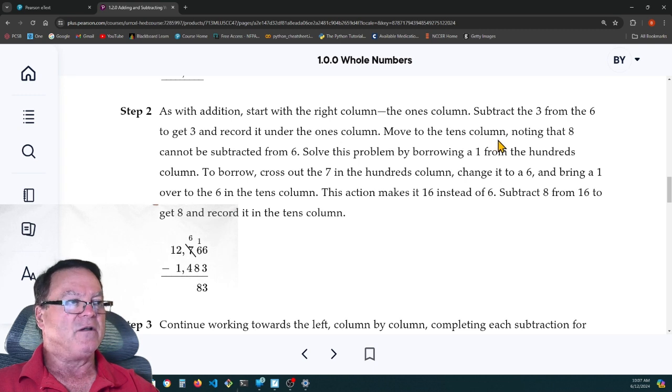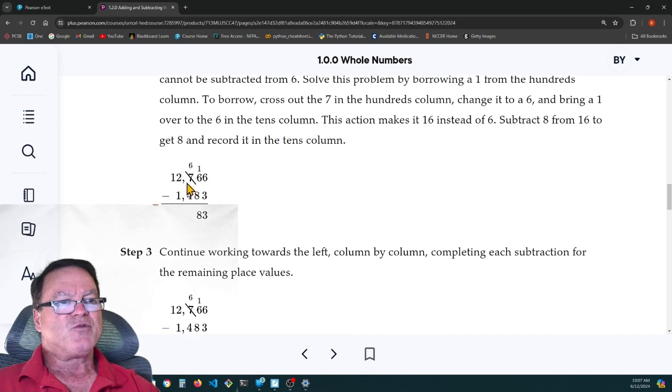Move to the tens column, noting that 8 cannot be subtracted from 6. Solve this problem by borrowing a 1 from the hundreds column. To borrow, cross out the 7 in the hundreds column, change it to a 6, and bring a 1 over to the 6 in the tens column.